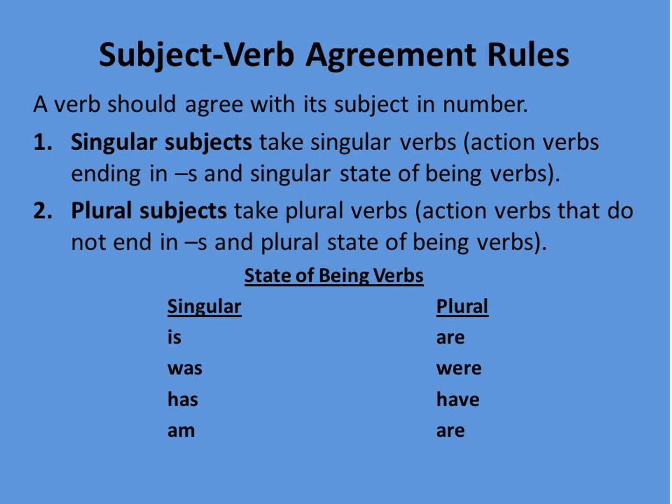When we say state of being verbs or be verbs, here is the list. For singular: is, was, has, am. For plural, we have are, were, have, are. Are you ready?